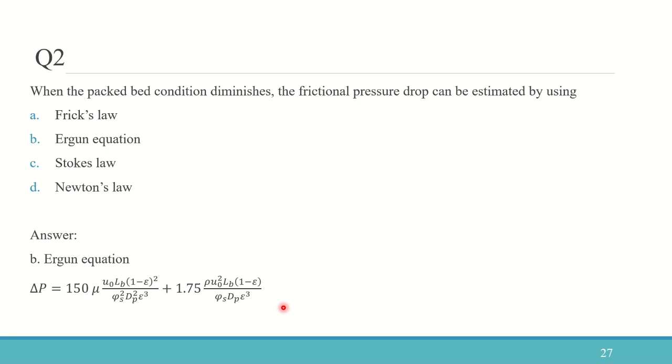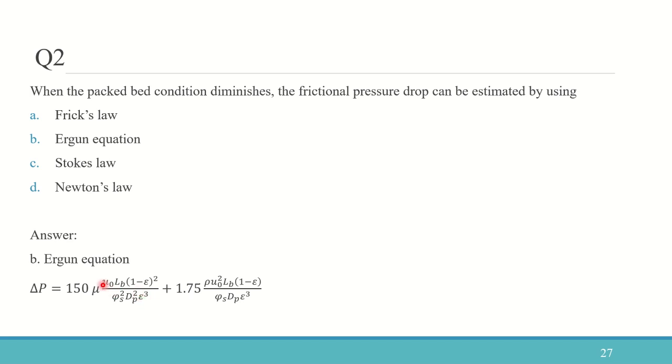So Ergun's equation is: pressure drop equals 150 mu u naught L_B (1 minus epsilon) squared divided by phi_s squared epsilon cubed d_p squared, plus 1.75 rho u naught squared L_B (1 minus epsilon) divided by phi_s d_p epsilon cubed.